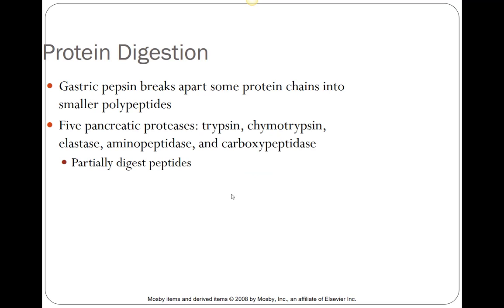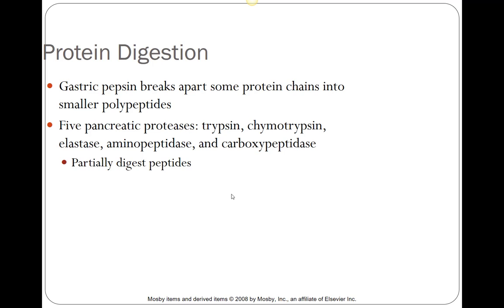Protein digestion: gastric pepsin starts to break apart some of the protein into smaller amino acid chains. And then there are 5 different pancreatic proteinases: trypsin, chymotrypsin, elastase, aminopeptidase, and carboxypeptidase.